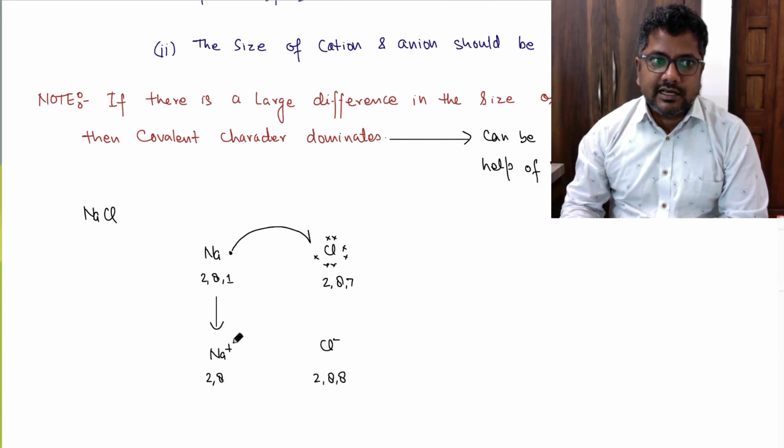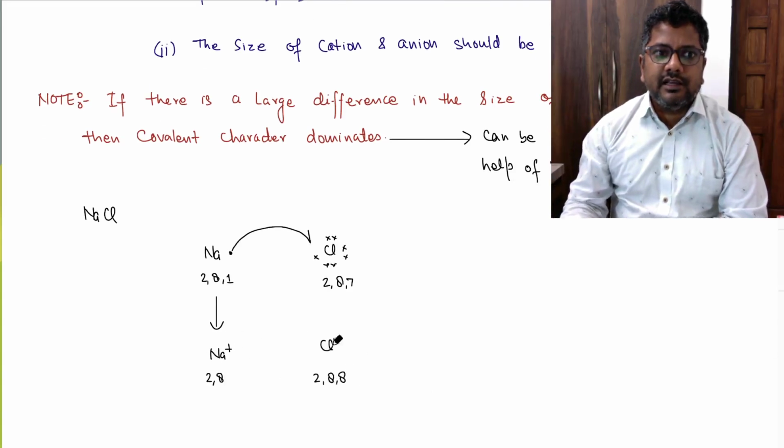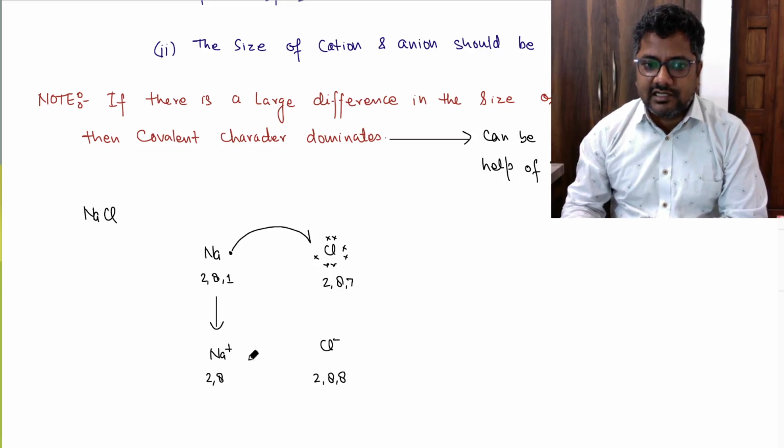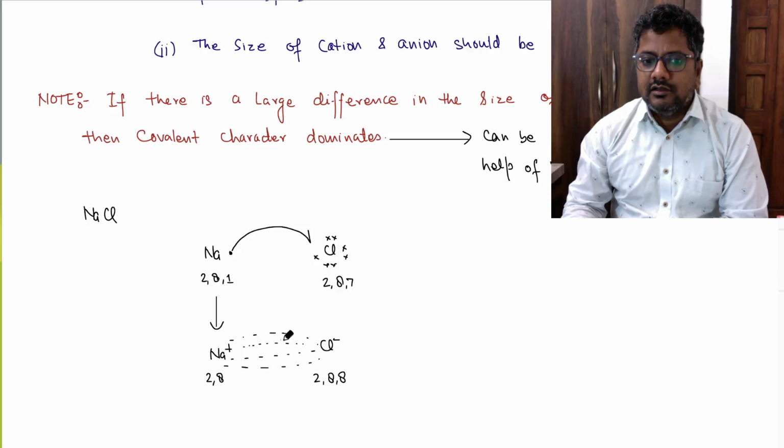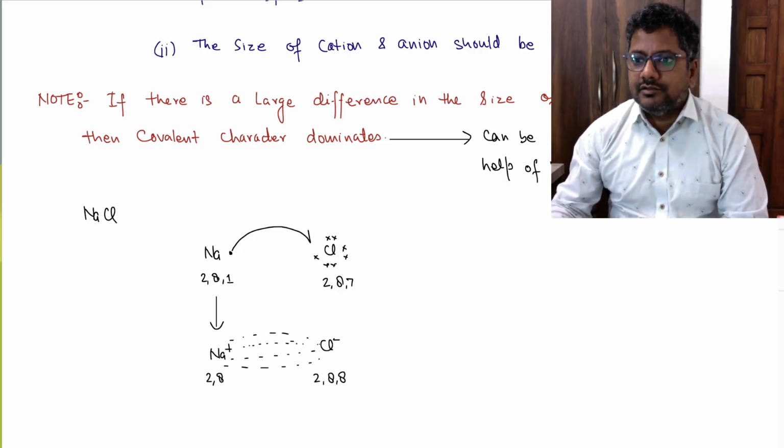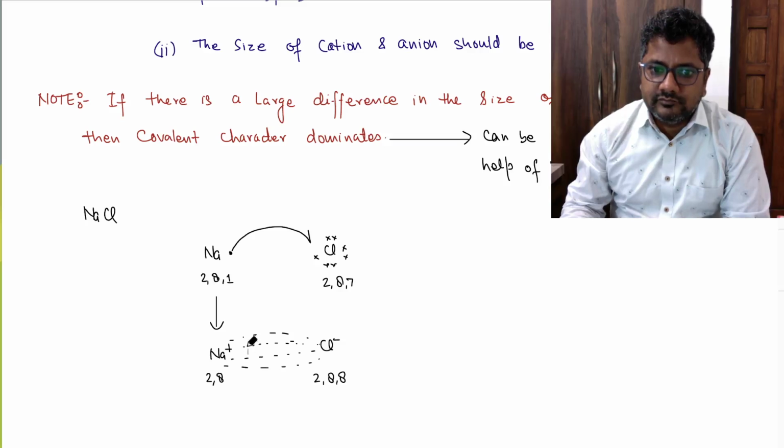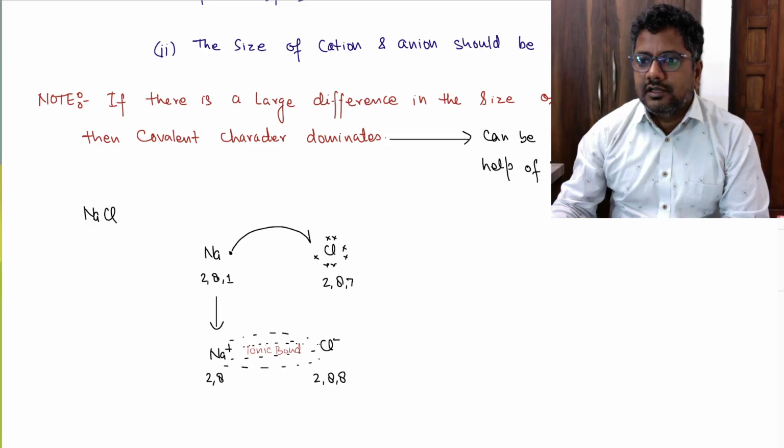Now this is a cation and anion, and we can treat them as point charges. So there is an electrostatic attraction between these two, and this is called what? Ionic bond. This is called ionic bond, right?